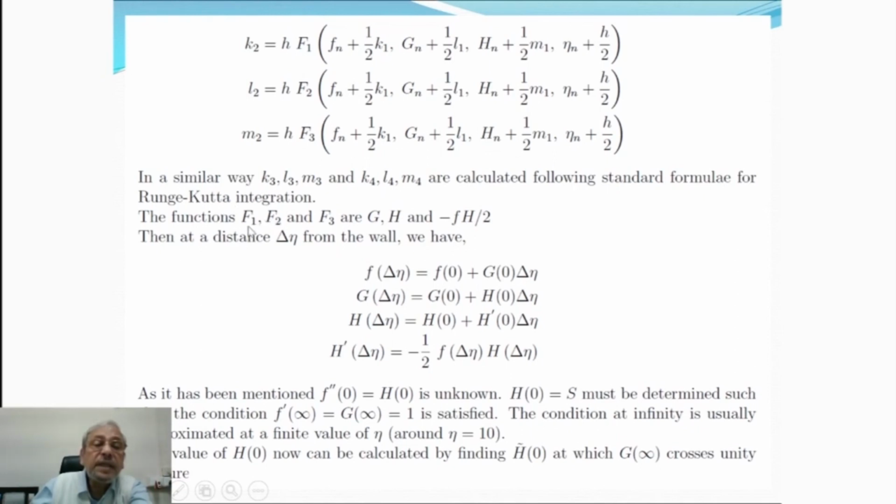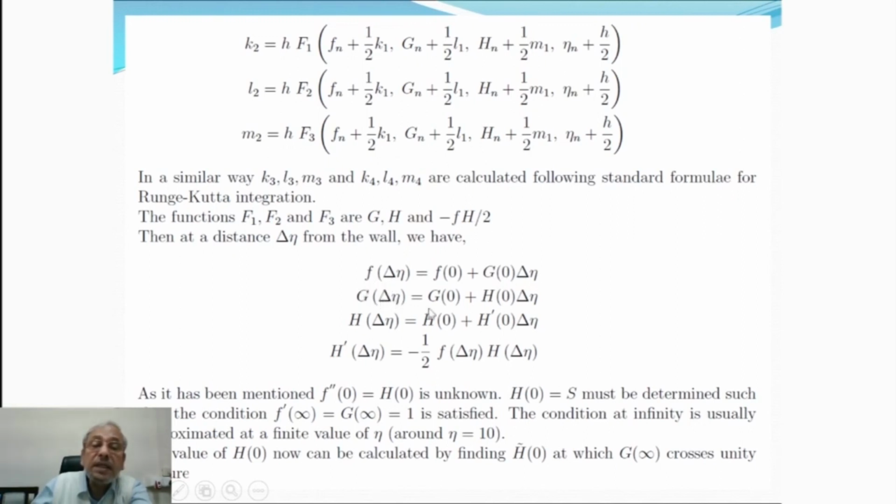we have seen this here. Our functions f1, f2 and f3 are g, h and minus f h by 2. Then at a distance delta eta from the wall, we have f delta eta equal to initial value of f plus df d eta into delta eta. Df d eta at 0 means g, so g0 into delta eta.